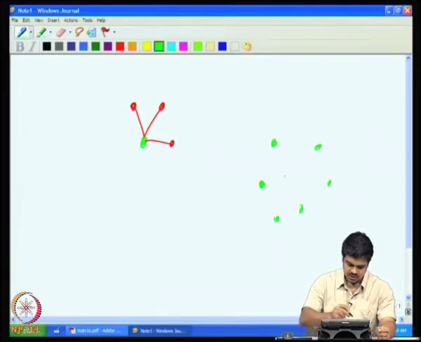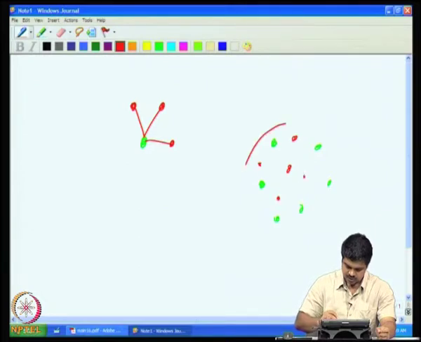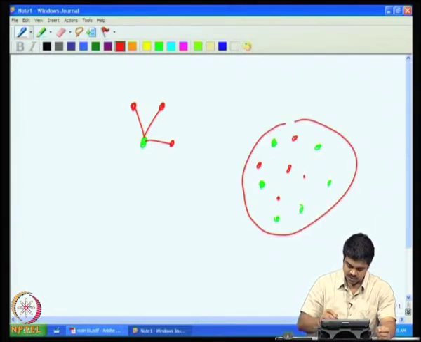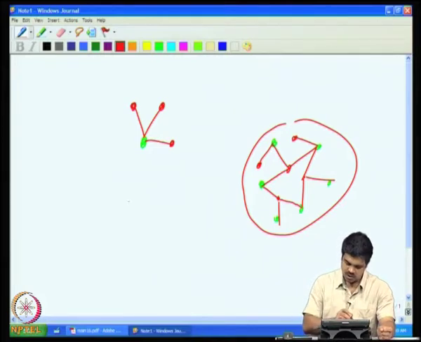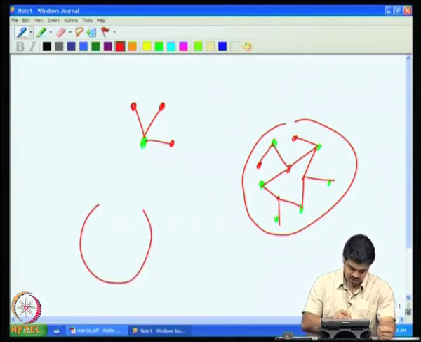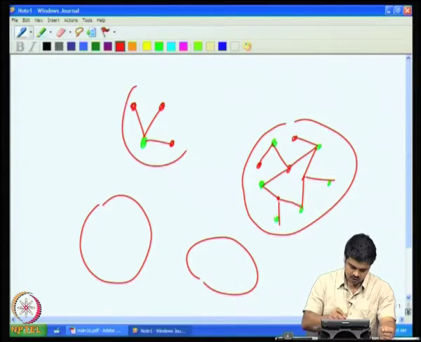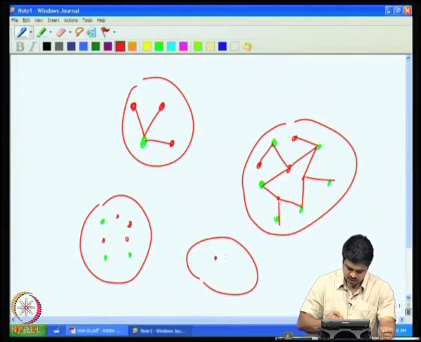I will just draw the connected components like this. Of course, red will be connected to green and green will be connected to red. How they are connected we do not know, maybe some structures. There may be several such structures with red and green, with some connections in between.